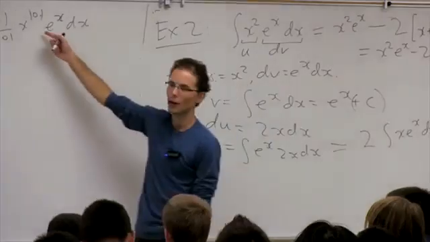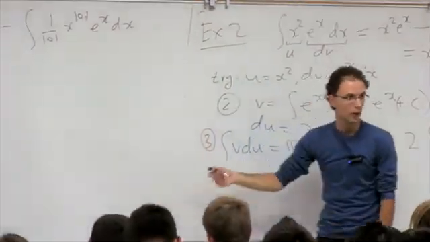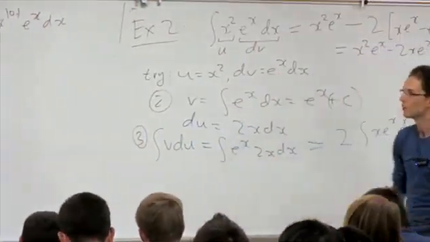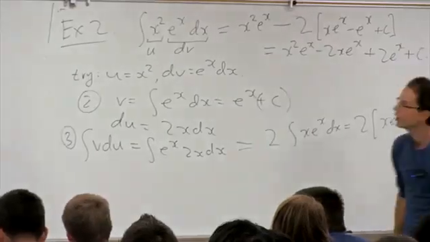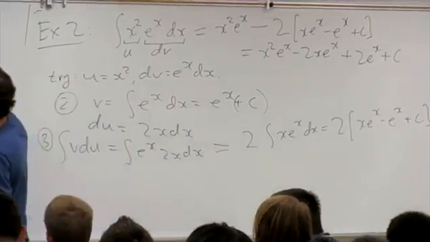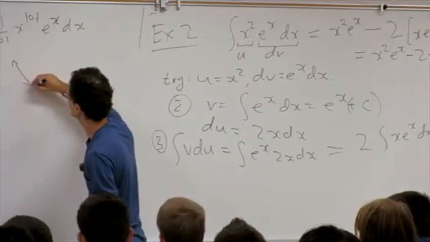Because now we just increased the power of x, and if you keep iterating the integration by parts, soon you have x to the power almost infinity, right? So the moral here is that integration by parts does not always work.